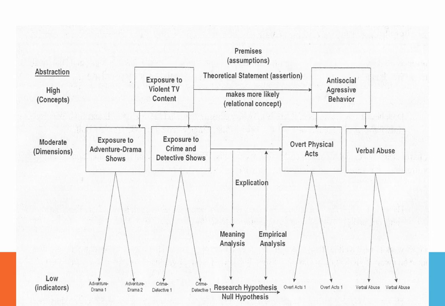How long must I watch television in order to be considered exposed to it? And I think the definition that these scholars came up with is like 4 hours or something like that. Then we have to identify the various types of television shows. And then we looked at physical types of aggressive acts that a child could do, and then there's also verbal abuse, and we can measure both of those.